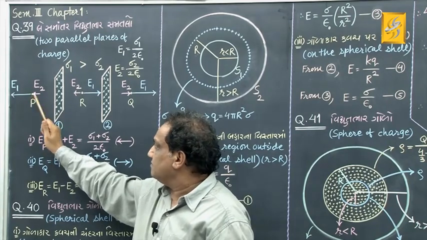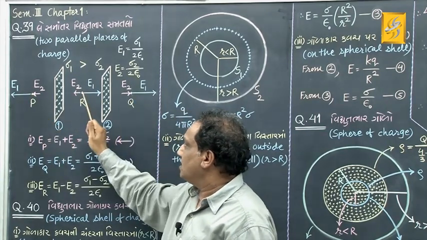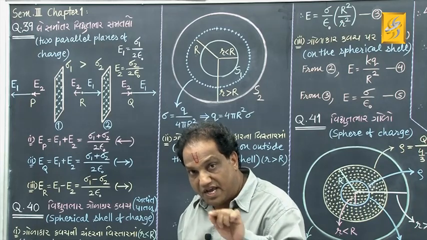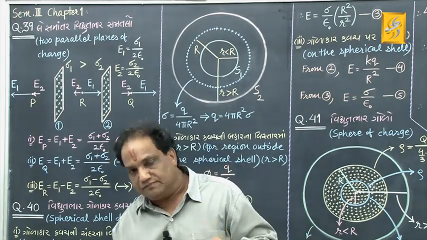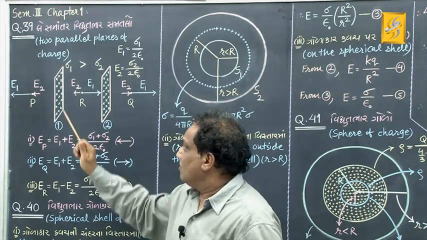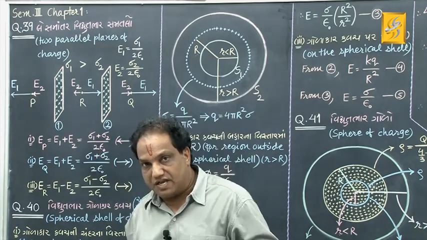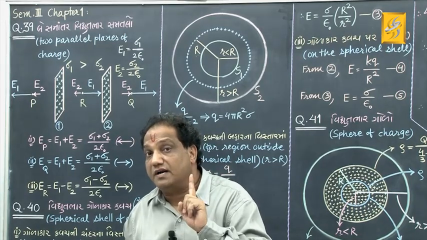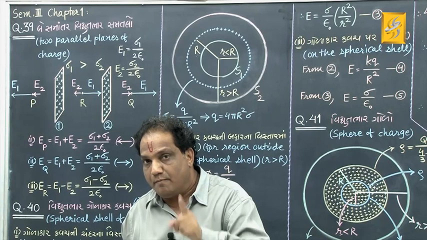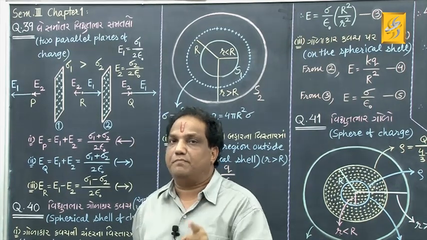One is point P, another is point Q, third is point R. At each point, we are supposed to find out resultant electric field. Let us find out. For a plane of charge having positive charge, remember what I told regarding the direction of electric field? Perpendicularly away.